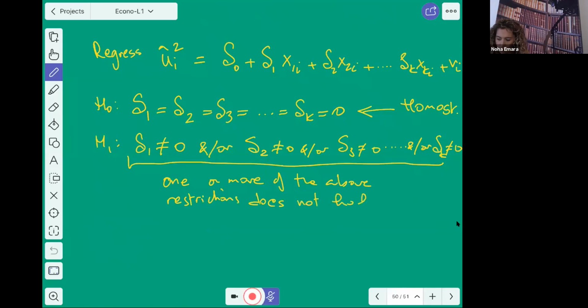Sometimes you can make your life easier, and instead of writing this whole alternative hypothesis, you can say one of the above restrictions, referring to the null, does not hold, which means that one or more of the deltas is not equal to 0. Okay, so anytime I have a test that has multiple coefficients, do you remember what's the name of the test? Is it a T, P, F, R? What is the name of the test if I'm testing multiple coefficients?